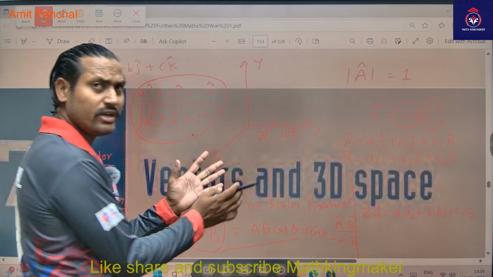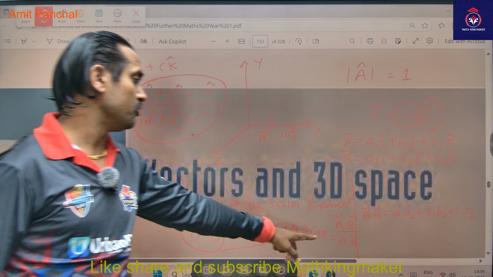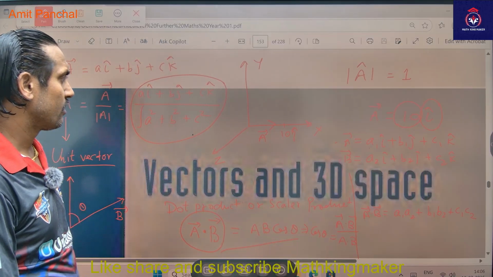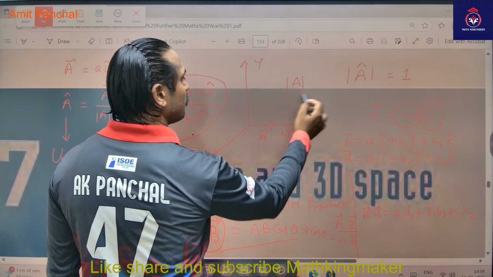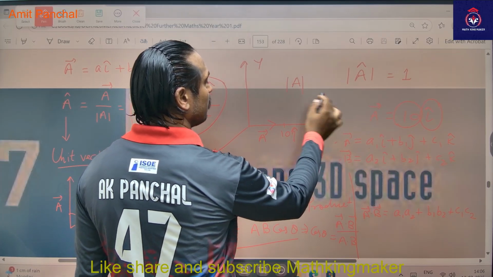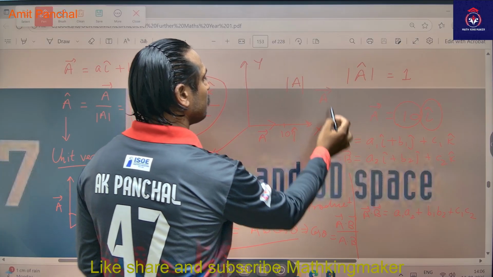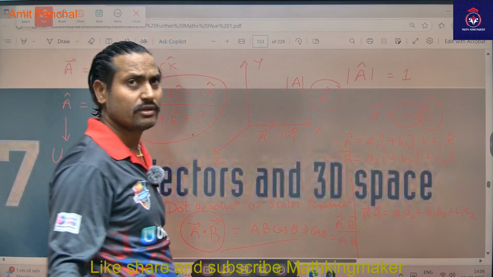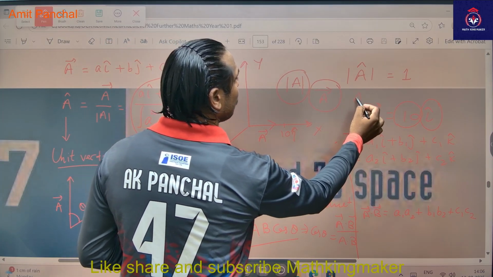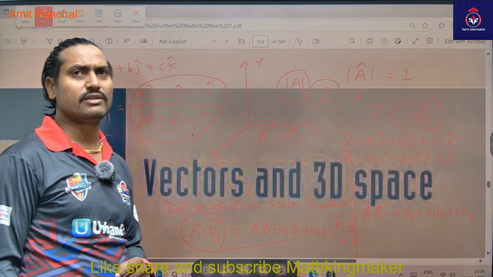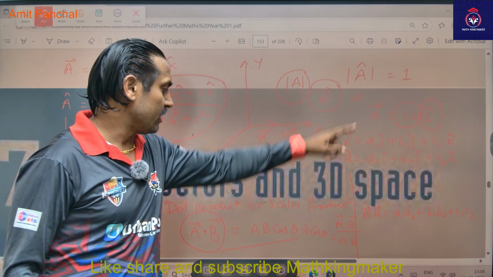If I am writing only AB, that means it is a magnitude. Every time we will not write it like this. If there is no symbol over it, that is the vector notation, and if only A is written, that means it is its magnitude.